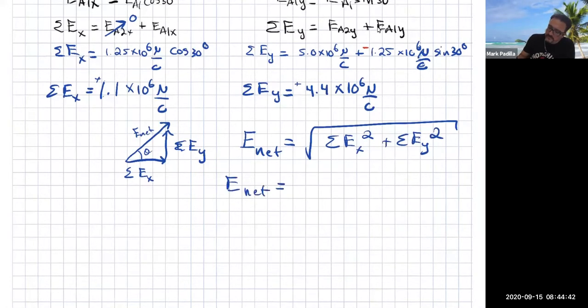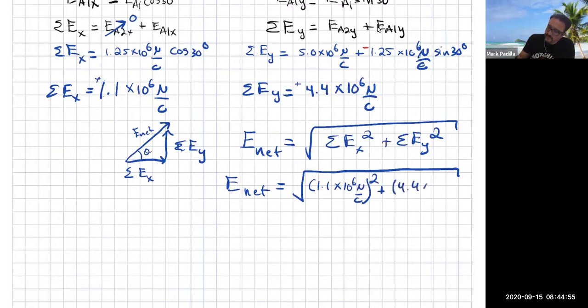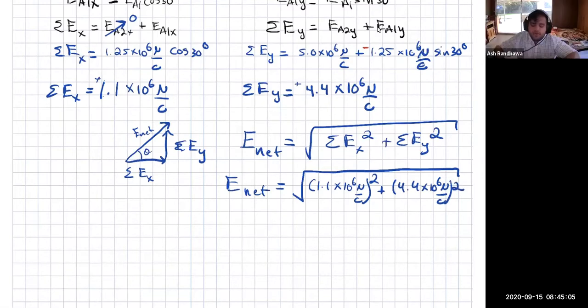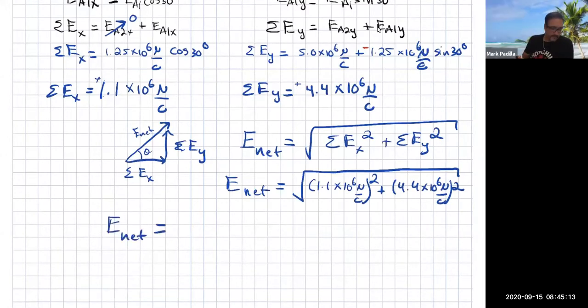Putting that in, we get 1.1 times 10 to the 6 Newton per Coulomb squared plus 4.4 times 10 to the 6 Newton per Coulomb squared. That's 4.54 times 10 to the 6th. E net is 4.5 times 10 to the 6 Newton per Coulomb.